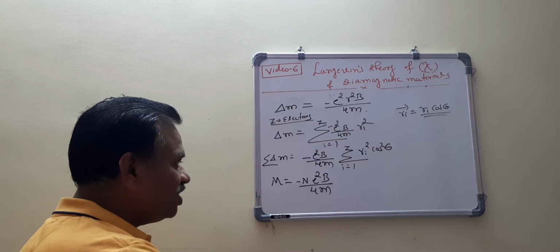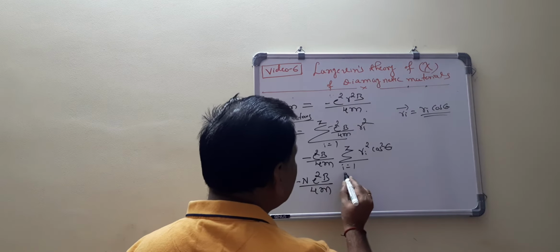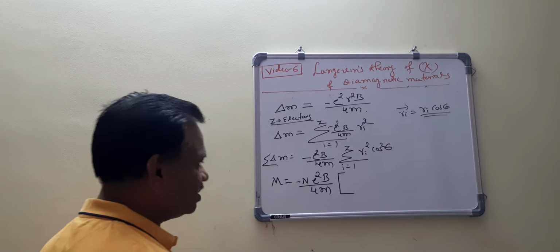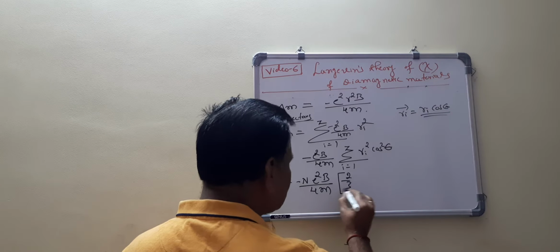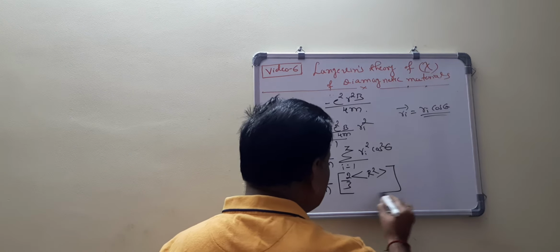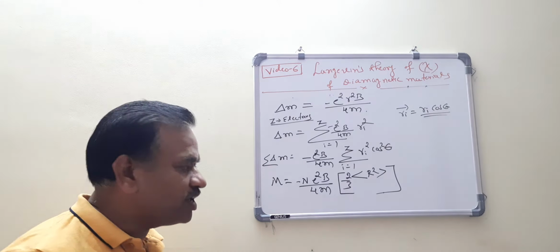N e square B divided by 4m into this quantity, r_i square cos square theta. Now this quantity is two-thirds of r square. You have to remember that.